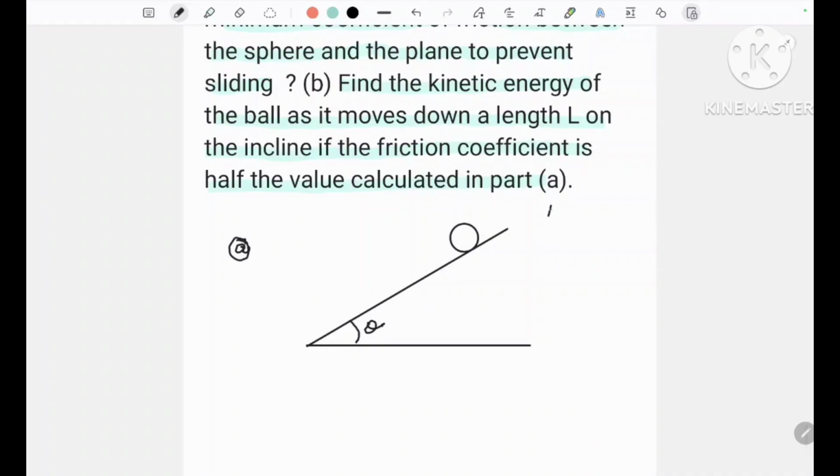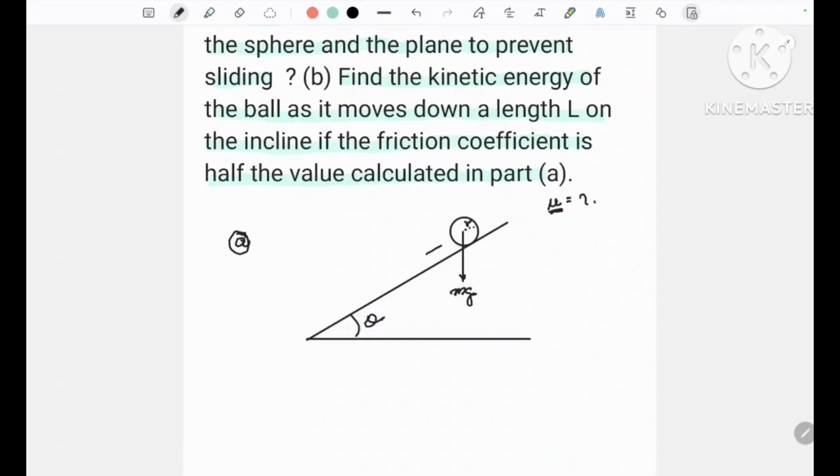Suppose the minimum coefficient of friction is mu. Its mass is m, weight is mg. Radius of this sphere is small r.